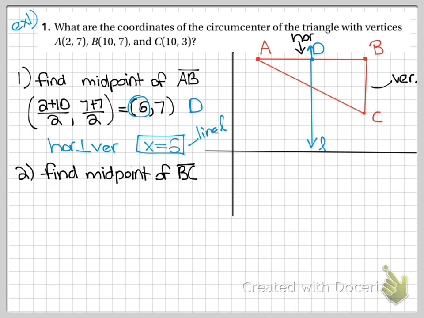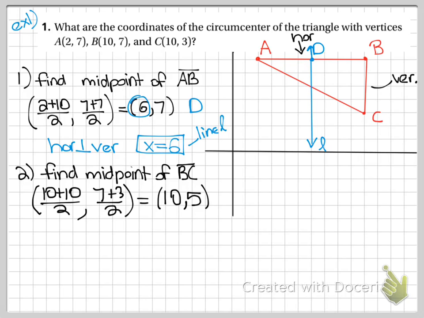To do that, we're just going to plug in that information. That would be (10 plus 10) over 2, comma, (7 plus 3) over 2. So that point will be the point (10, 5). If I were to graph that, the point (10, 5) would be right here.